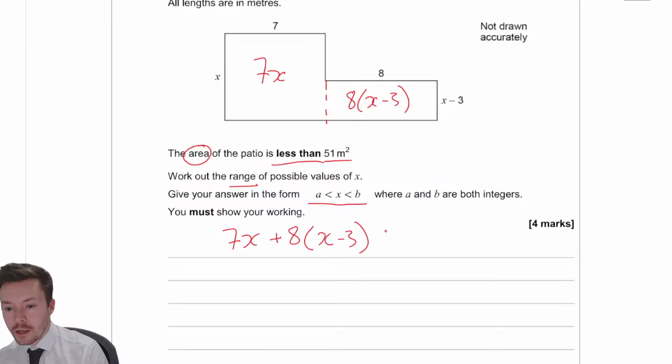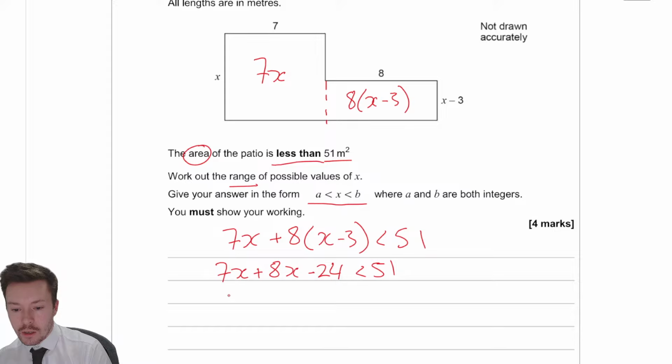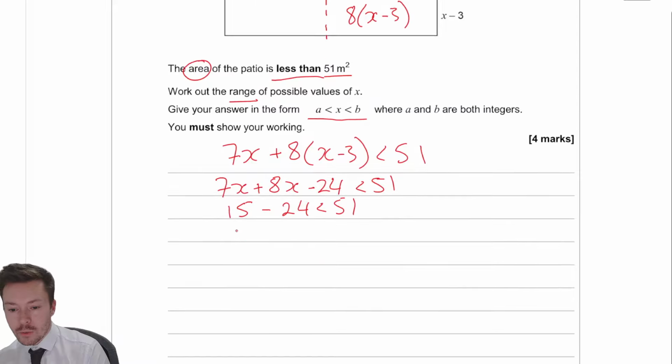So we get 7x plus 8x minus 24 is less than 51. 15x minus 24 is less than 51. Add the 24 to both sides. We're going to get 15x is less than 75. Divide by 15 and we get x is less than 5.